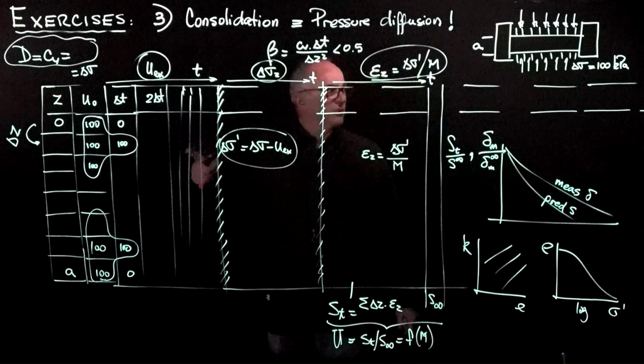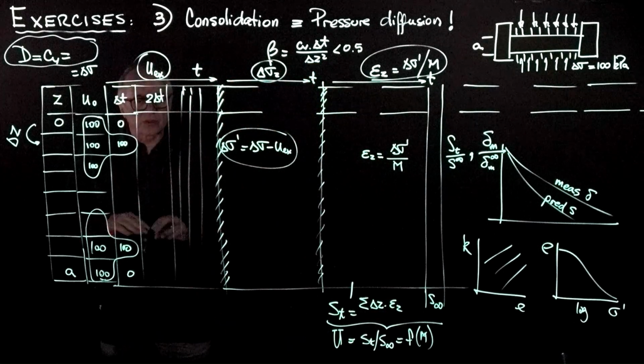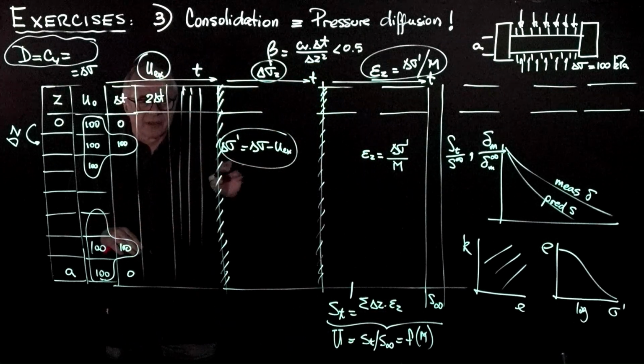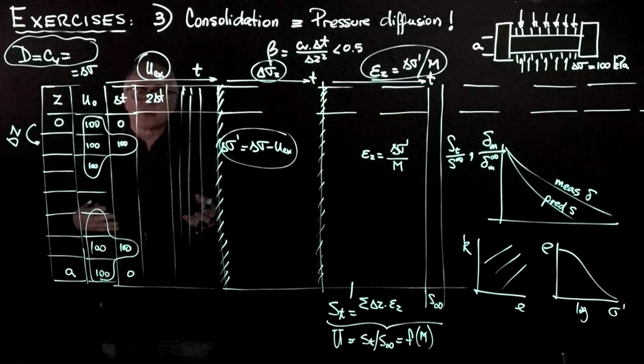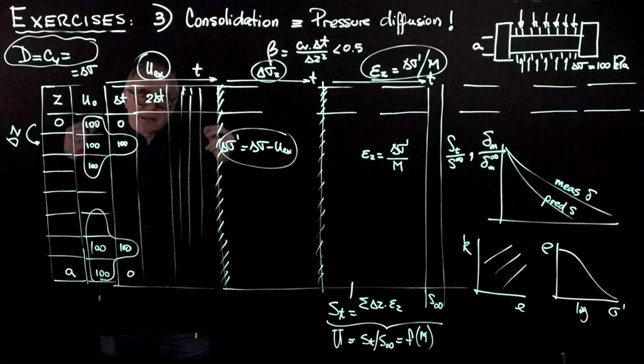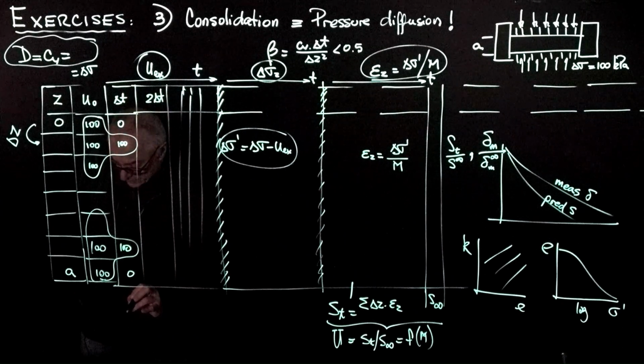We got into this diffusion equation by assuming that the total stress was constant during that step. But you could have a constant rate of loading. And if you have a constant rate of loading, now you have to go back one level up in the diffusion equation. And what you had was as follows.